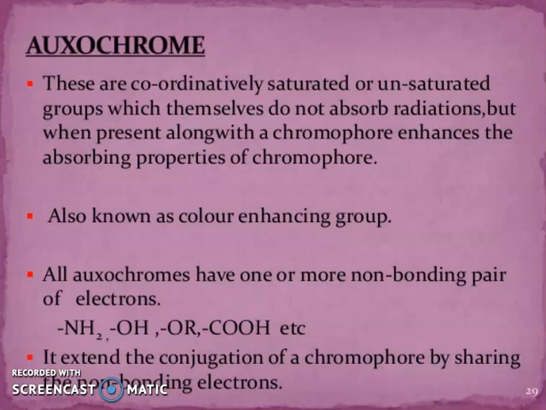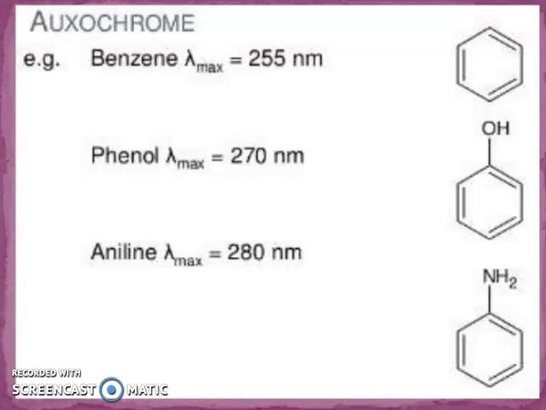It extends the conjugation of the chromophore by sharing the non-bonding electrons. So you can see the auxochrome: benzene lambda max 255 nanometer, phenol lambda max 270 nanometer, and aniline lambda max 280 nanometer.